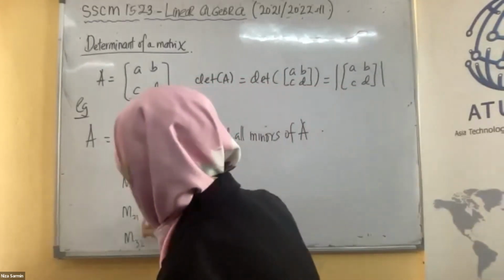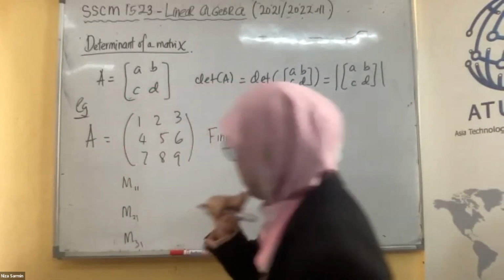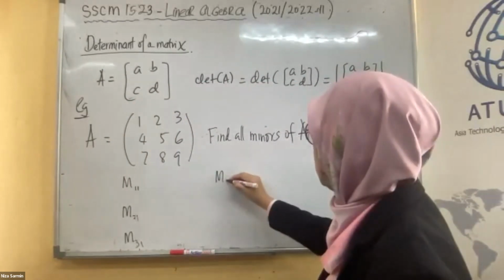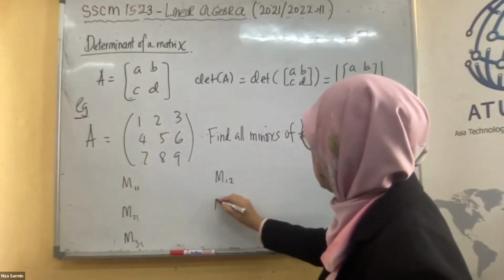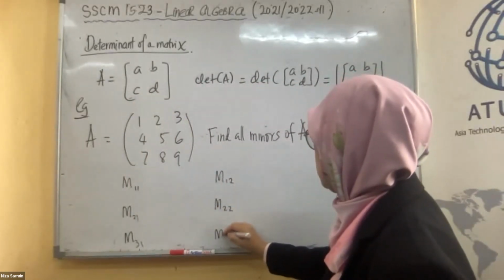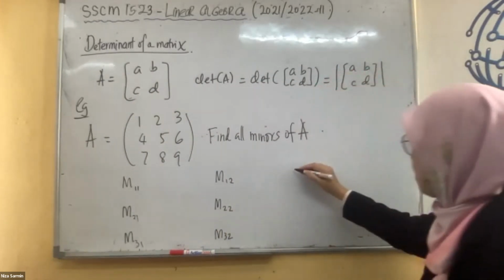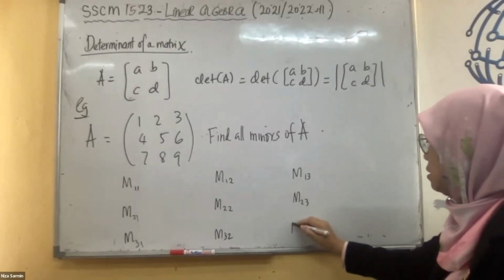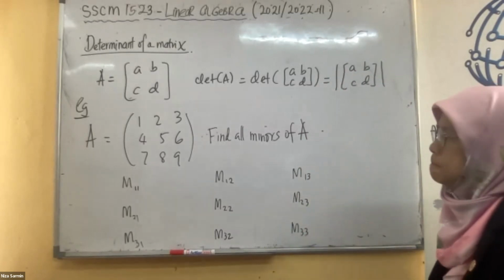Okay, I follow the row: 1,1, 2,1, 3,1. And then I have 1,2, 2,2, 3,2, 1,3, 2,3, 3,3.